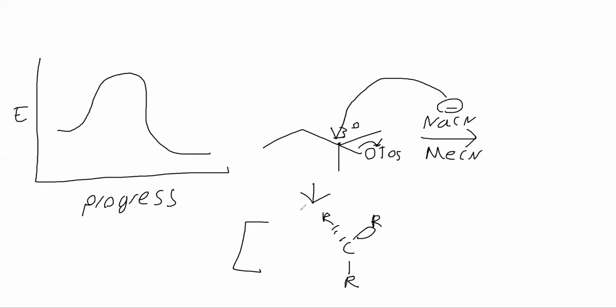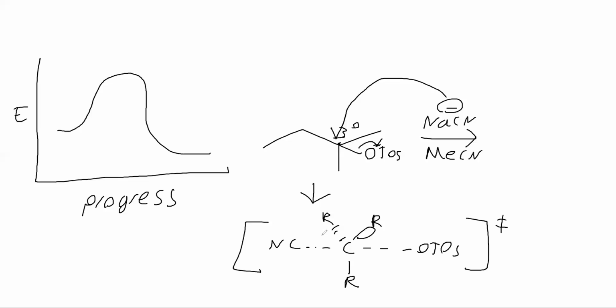Some of them are methyls and the other is an ethyl in this case, but I'm just abbreviating them. So we have a transition state where both the incoming nucleophile and the leaving group are both kind of attached. That's what the dashed lines are showing. They're kind of attached and kind of not. I'll put this to show it's a transition state.